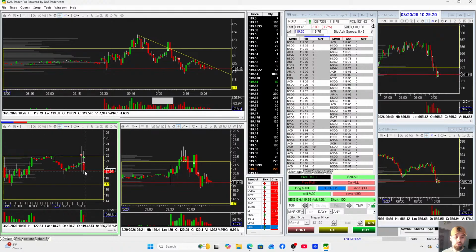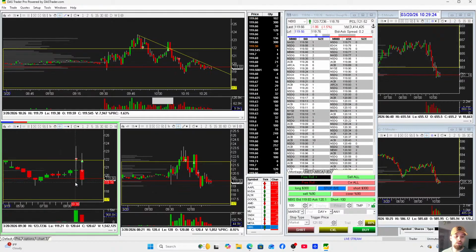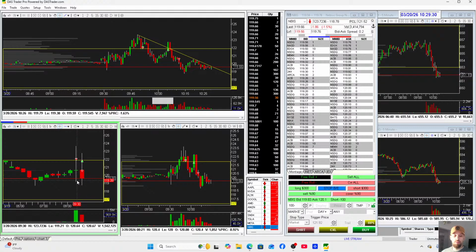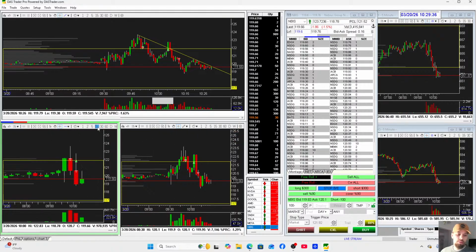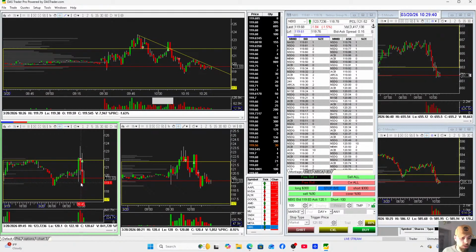This 30-minute candle's gonna close. Love to see it close below here. That'd be great if it closed below the previous 30-minute candle right here. That would be sweet. So, just waiting.